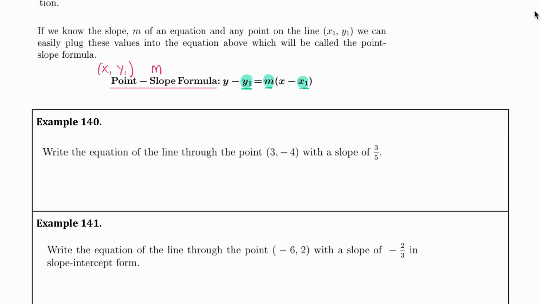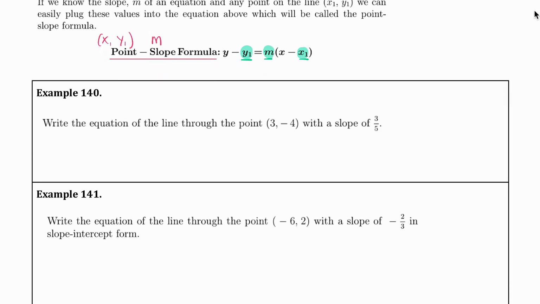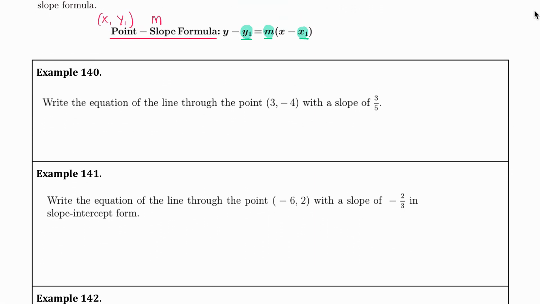And I want you to pay attention to the instructions here. Like on example 140 compared to example 141. 140 says write the equation of the line through this point and this slope. Okay, 141 says write the equation of this line through this point with this slope in slope-intercept form.